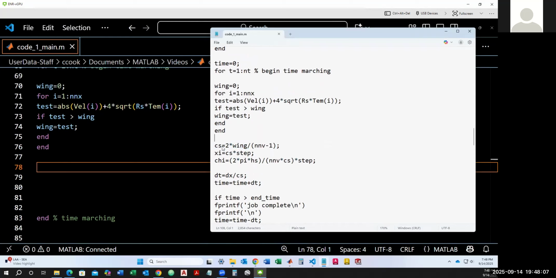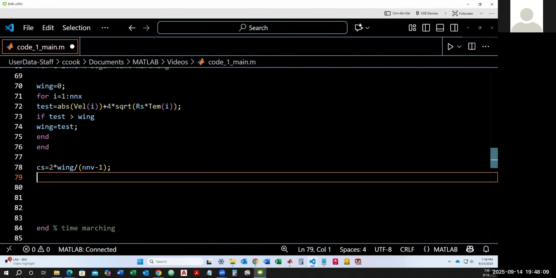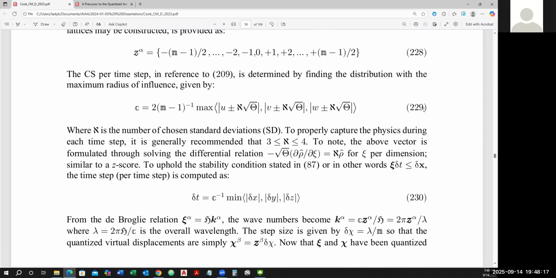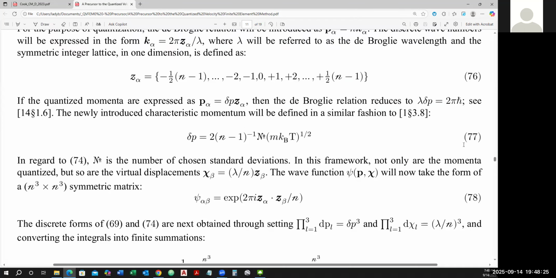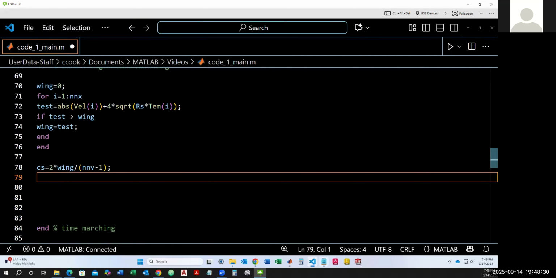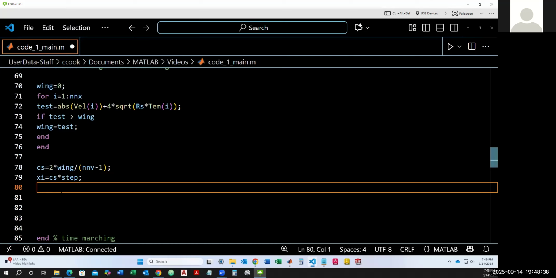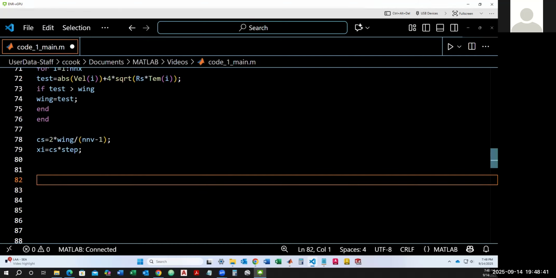Let's now go ahead and compute the characteristic speed. So we are now computing equation 229 in my dissertation, which corresponds to 77 in the precursor. We are now going to compute our quantized velocity lattice.